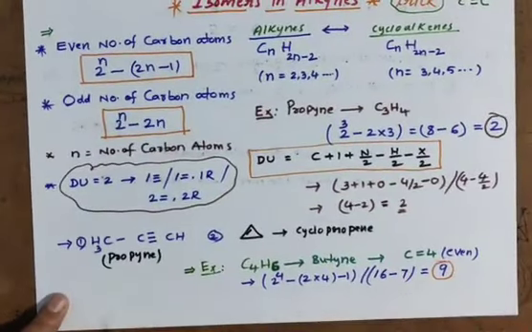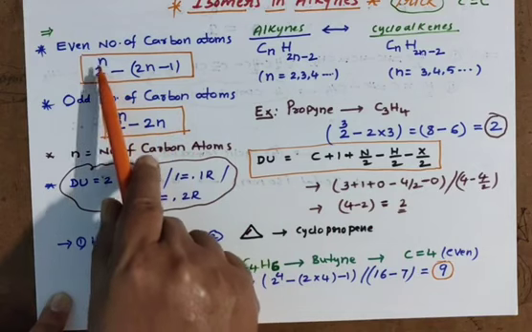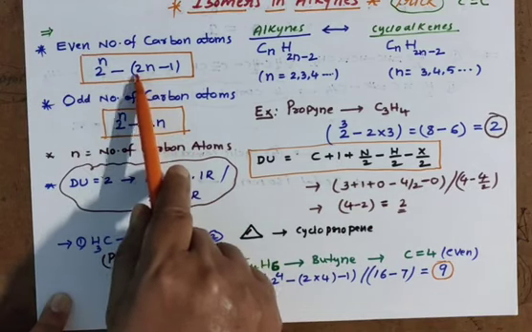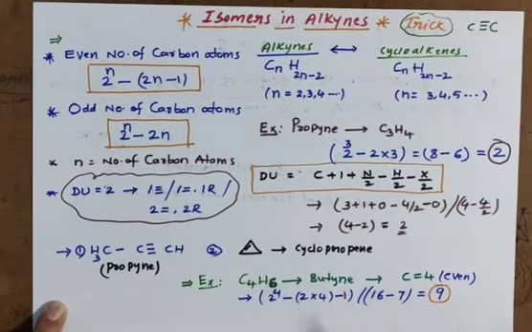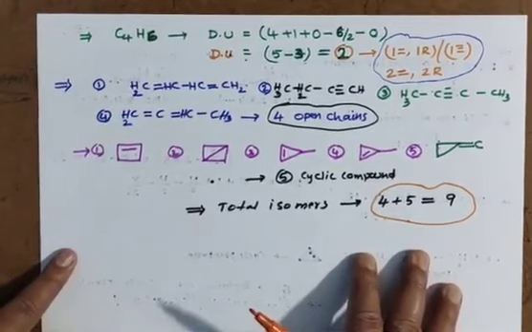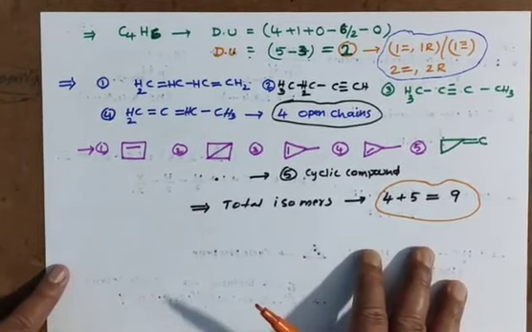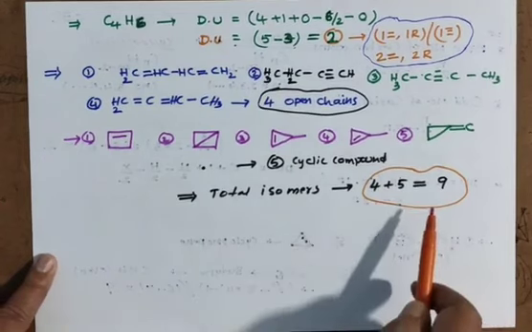Here I shown C4H6 by using this formula, 2 power n minus 2n minus 1. I got 9. Now with proof also I shown. So when I draw the structures, what I got? 9 I got.